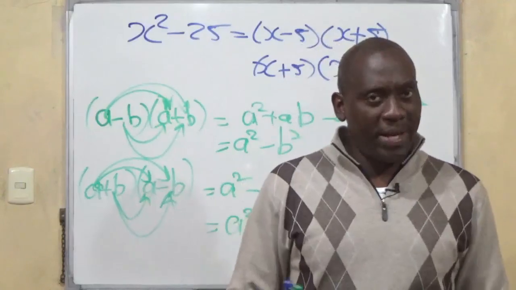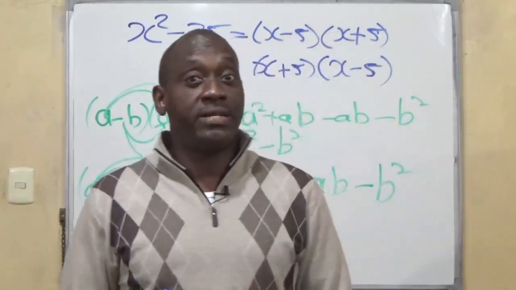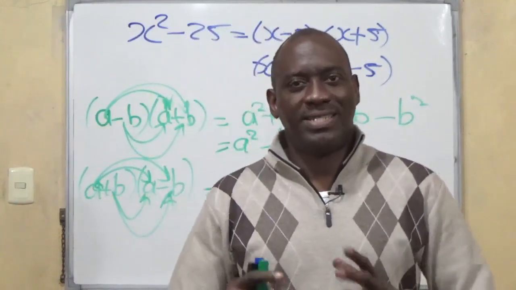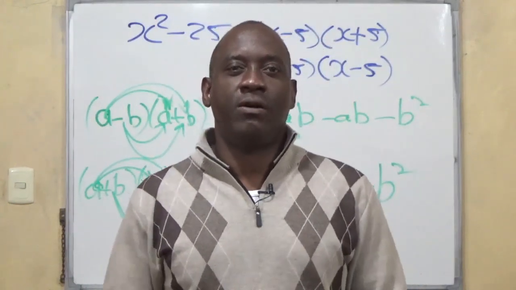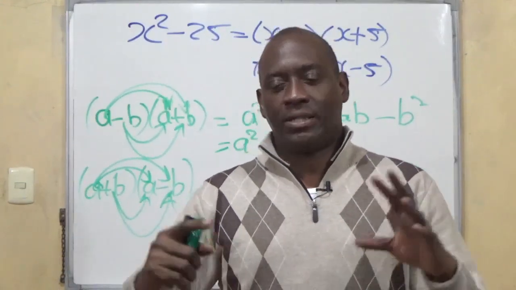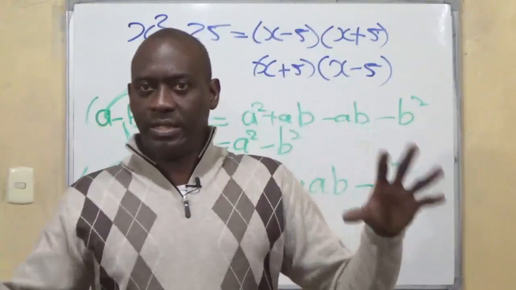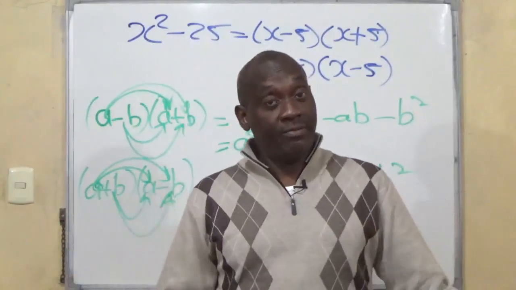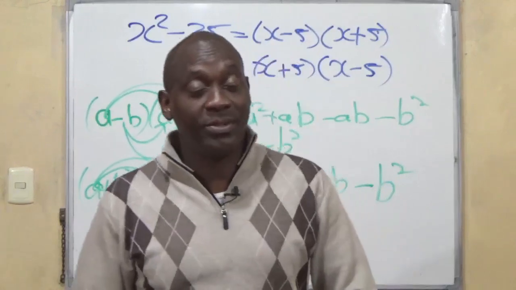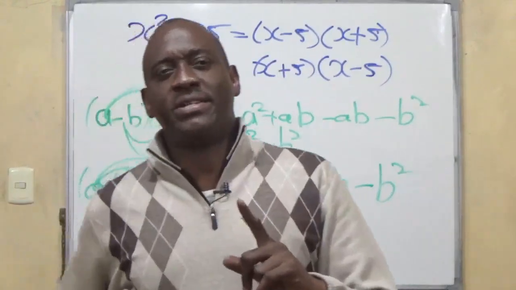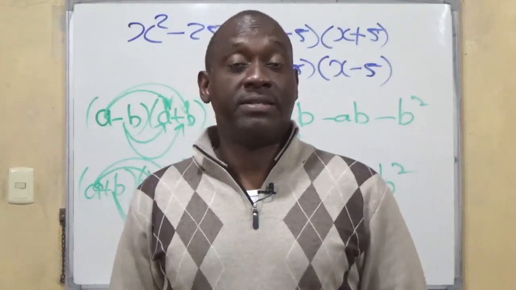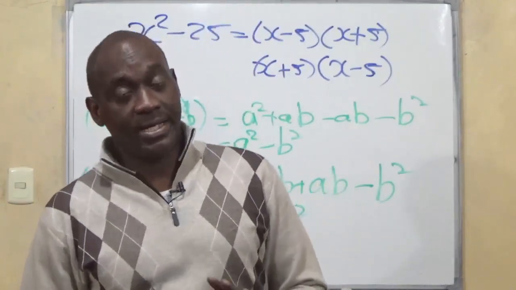So based on the knowledge of that relationship, we have the opportunity now to do a direct factorization of any expression that conforms to the format of a difference of two squares. So once we can recognize, very important word, once we recognize an expression as the difference of two squares, then the factorization is quick, easy, simple, and efficient.